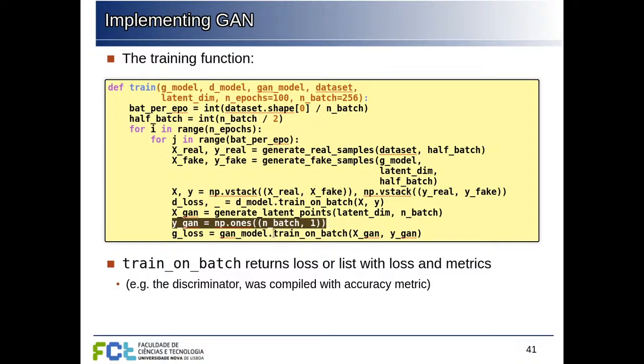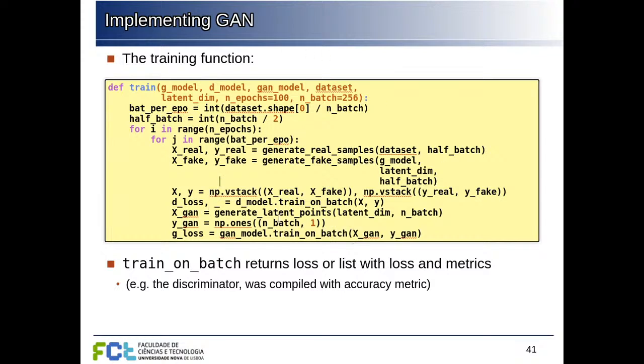But when we train the GAN in one batch, we are only training the generator. Remember that we froze the discriminator on the GAN. So actually what we're doing is we're training the generator to create images that result in an output of 1 on the discriminator. That is, the discriminator is thinking that they are real images. Whenever this fails and the output is 0, we propagate all that error and update the weights on the generator. Since the discriminator is frozen, in this step the discriminator is not changed.